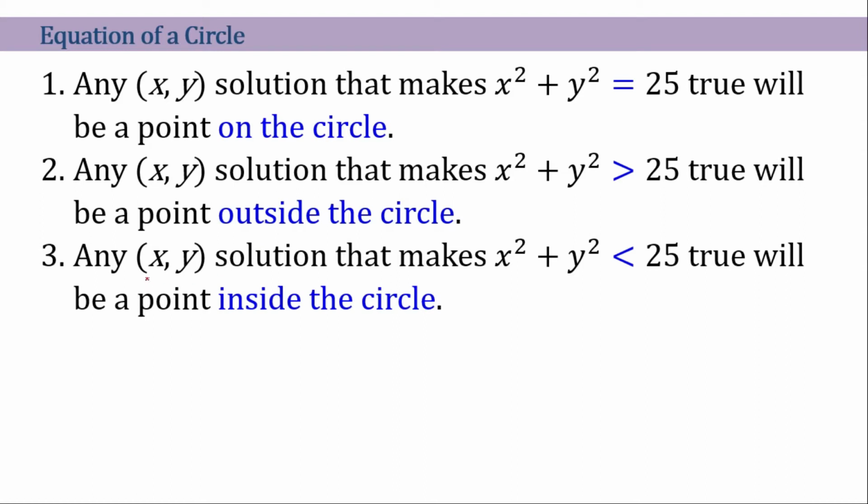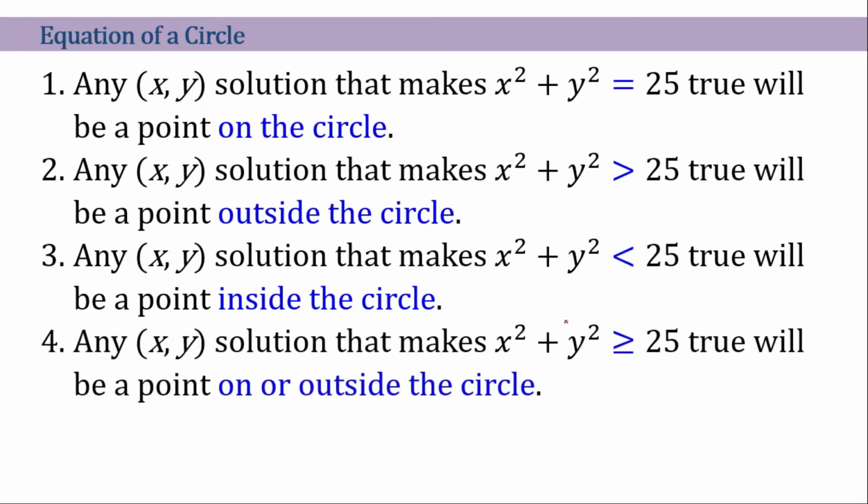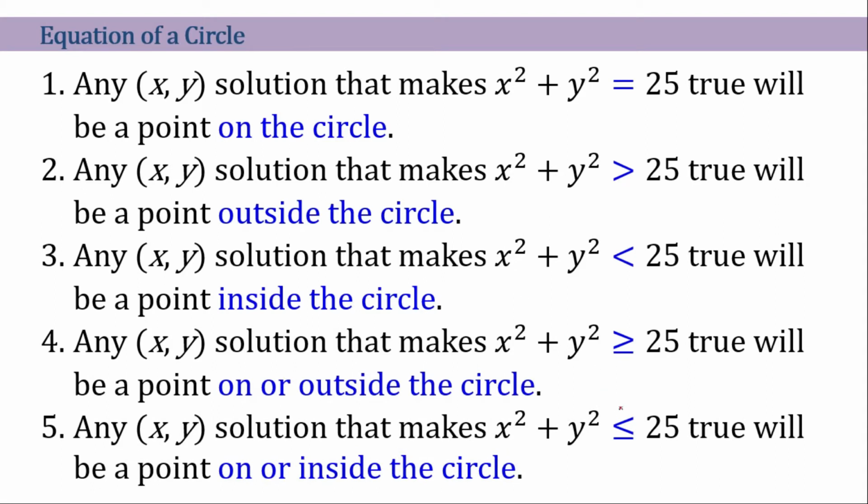On the other hand, if the point that you substitute for x and y becomes less than 25, it will be found inside the circle. When it is greater than or equal, it just means that it could be found on or outside the circle. If it is less than or equal, it could be found on or inside the circle.